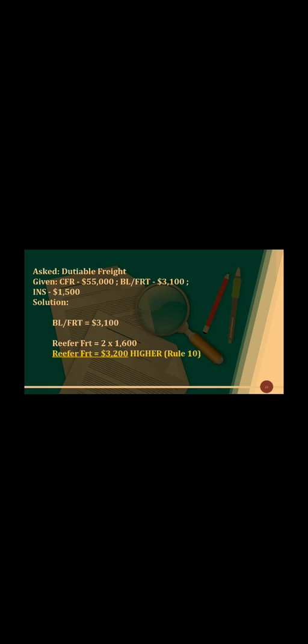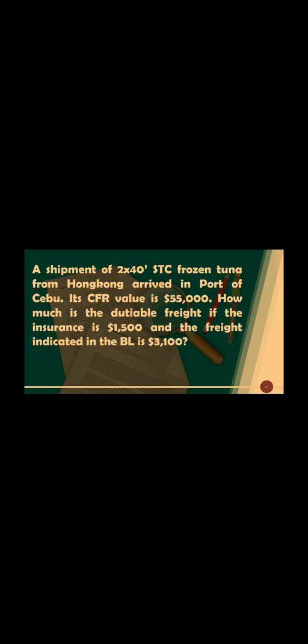Insurance is $1,500. So the solution, we need to compare the bill of lading freight indicated in the problem and the rougher freight. The bill of lading freight indicated in the problem is $3,100, and to get the rougher freight, we need to multiply by 1,600, since 1,600 is the standard rate for those 1x40 STC vans that came from Hong Kong.